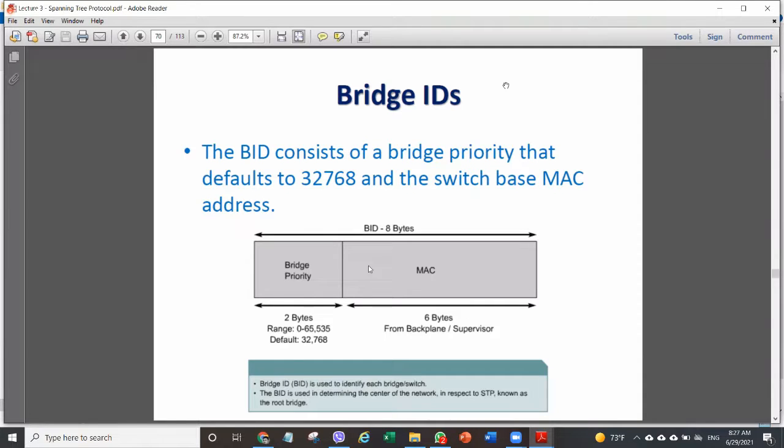Let's assume the same for the switches in this environment. All of you have the value 32,768, which is the default, and no one has changed your priority. Then as long as all of you have that value, no one will be highlighted, right?